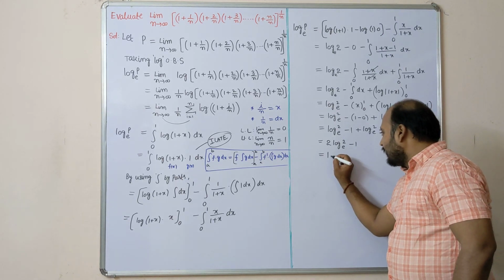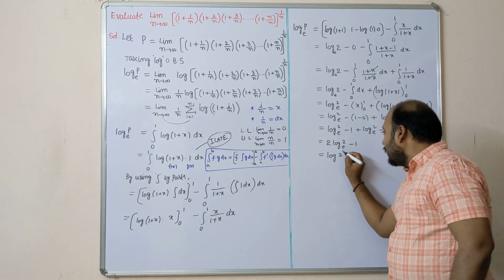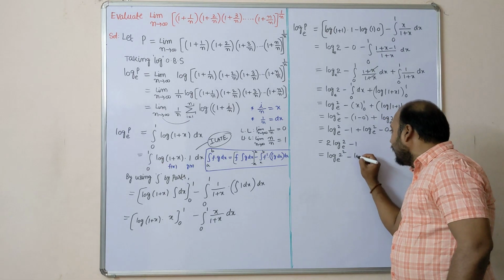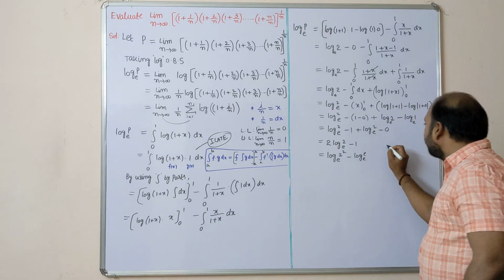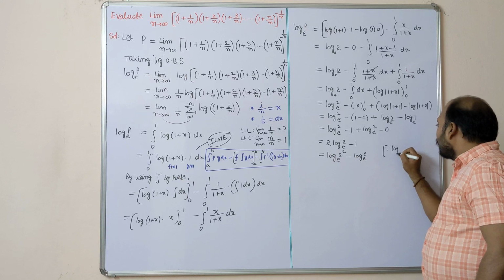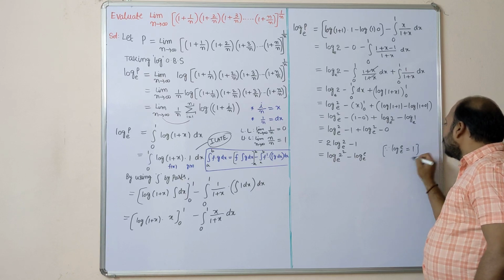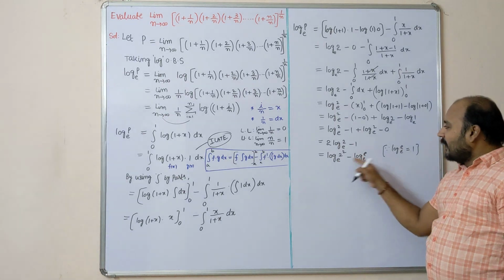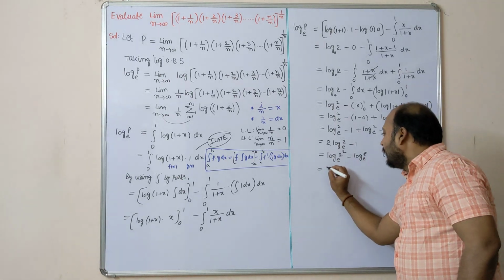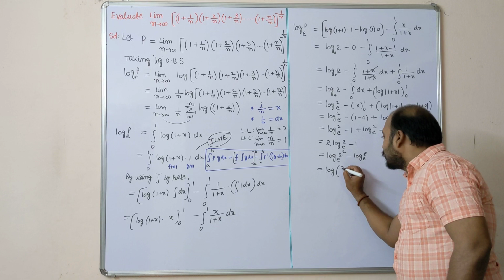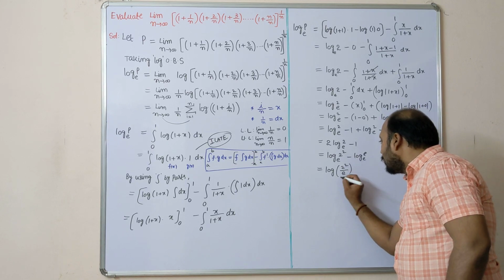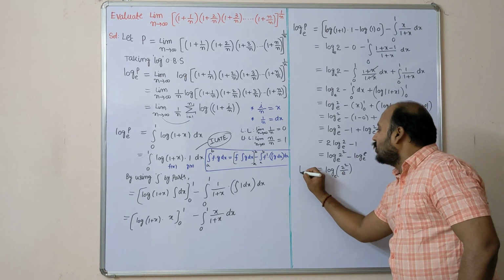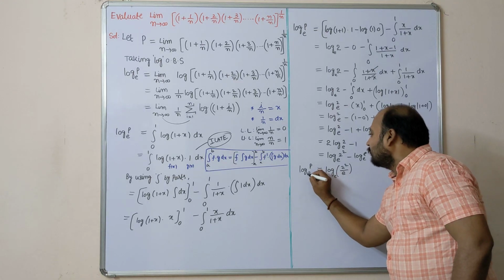That also is like the previous problem. Log 2 square to the base e minus 1 can be written as log e to the base e. Log to the base of the same value is always equal to 1. So that I am writing. Again the log a minus log b formula I am going to apply. Log 2 square divided by e to the base e. That is equal to log p to the base e.